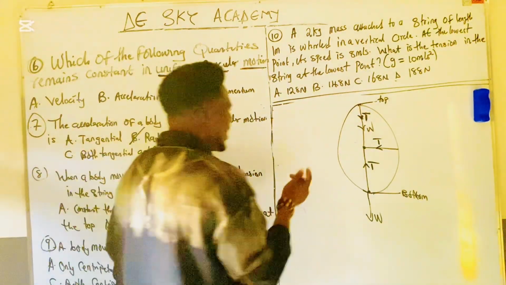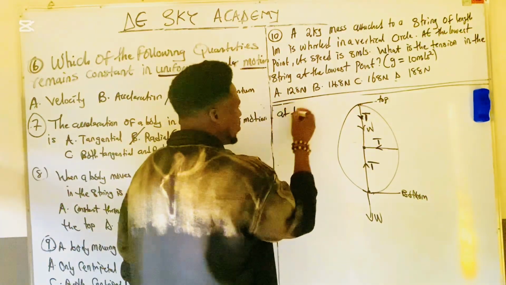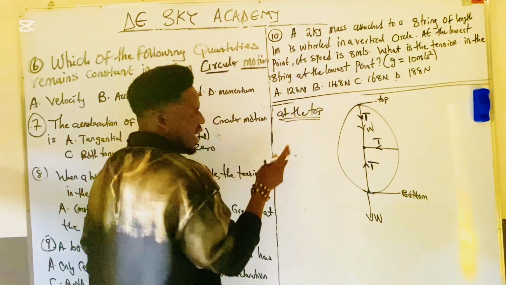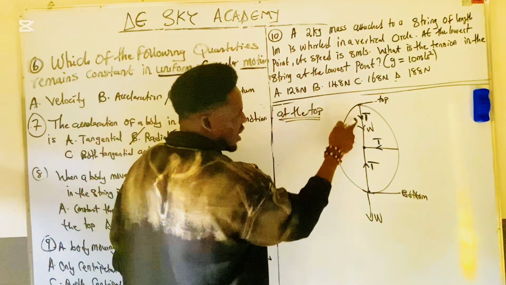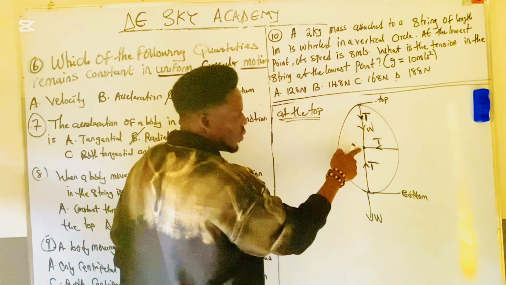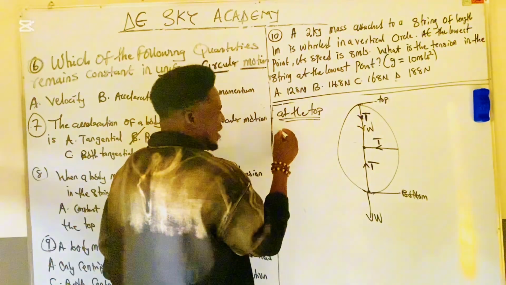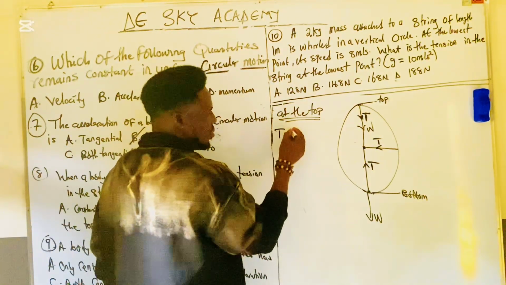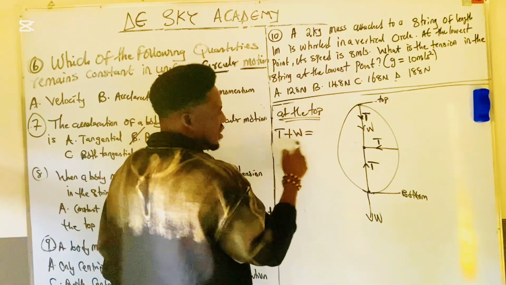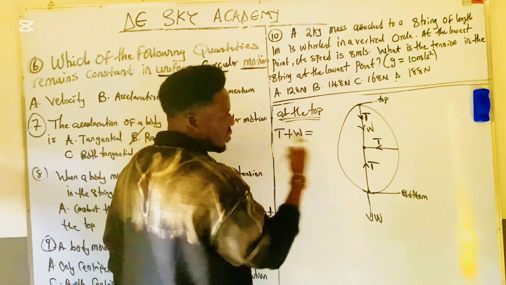So in summary, what will I say? I will say at the top, which is here, I have two forces that are moving down, and these forces are moving towards the center. Those forces are the tension force, which is T, plus the weight, and both of them are moving towards the center.